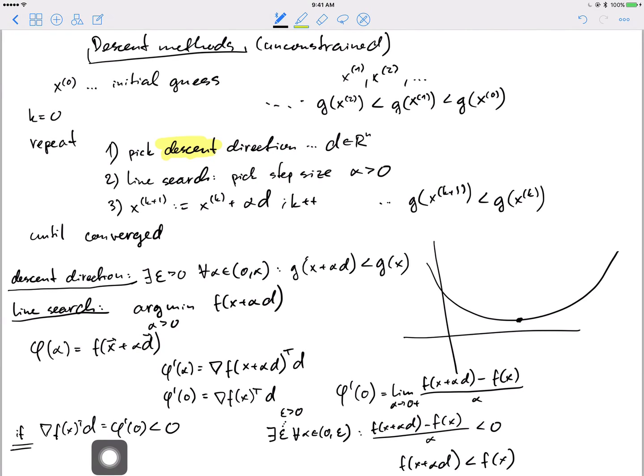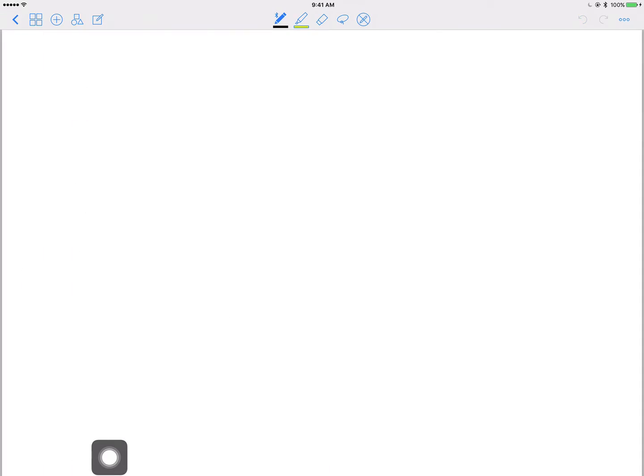Okay, so let me write that clearly. If the gradient of f at x transpose d, and if you wanted, I could also write d of x like that, since the descent direction is computed at that point x, but usually that's not necessary. So if this is negative, then we have just shown that in that case d is a descent direction.